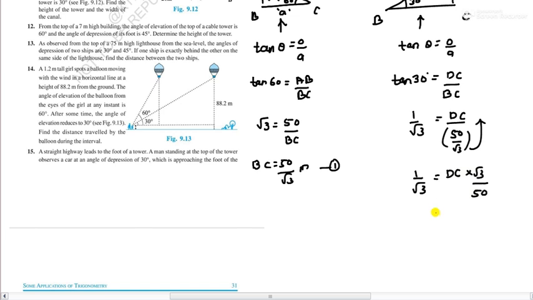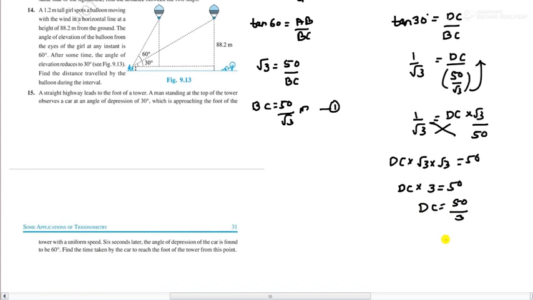Next is do the cross multiplication. So I'll get DC into root 3 into root 3 equals to 50. So if I solve this, I'll get DC into 3, which is equal to 50. So DC is 50 by 3.